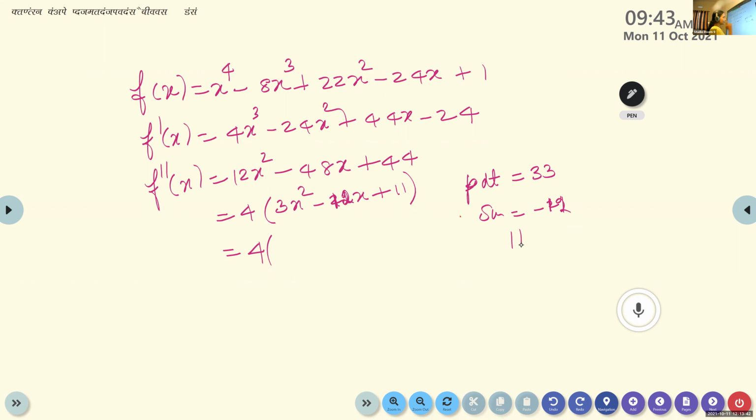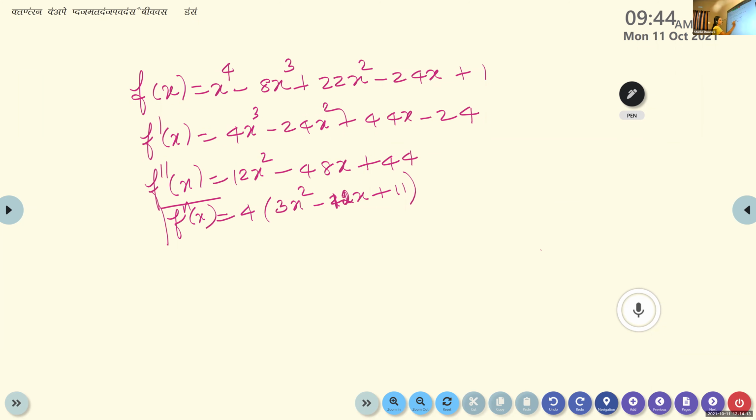Is it 11 into 3, 33? Are you able to factorize it? We are not able to factorize, isn't it? So then leave it. If you can't factorize f double dash of x, you leave it. Now this is f double dash of x.